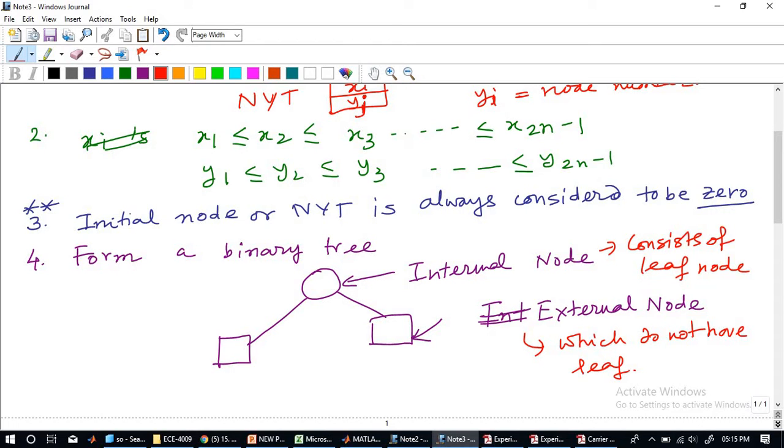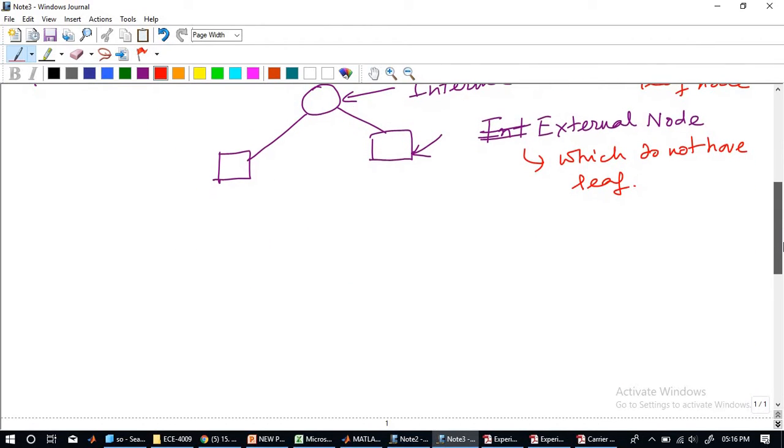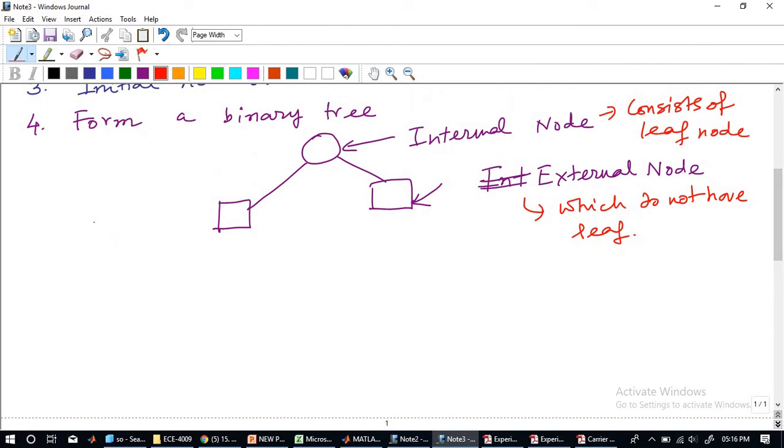This is the theoretical part. So we will form a binary tree using a technique where we will have one internal node. Internal nodes I will refer to as a circle, whereas external nodes will be considered to be a box. This is a convention we will follow. Now, the weight: suppose you have x1, x2 like this.